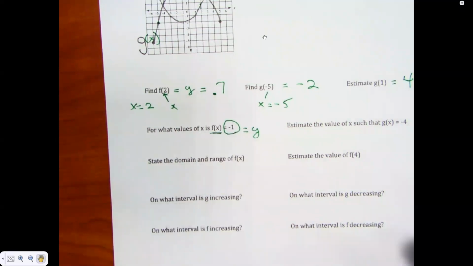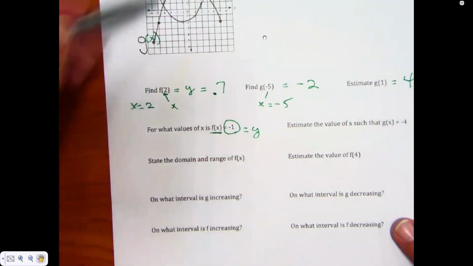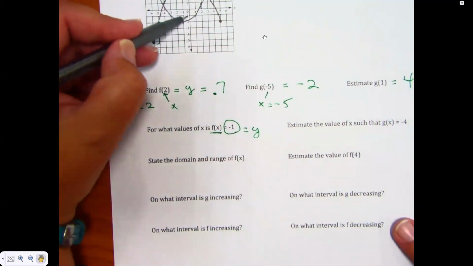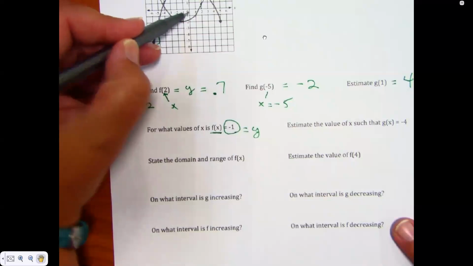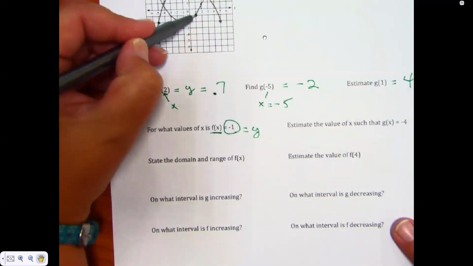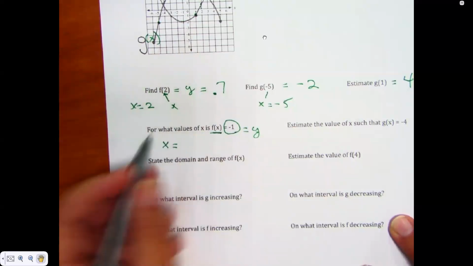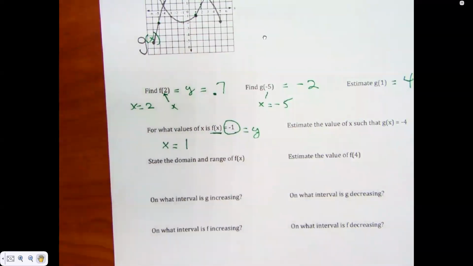And just make sure we're on the f function. So y has to be -1. Can you give me the x? So the x is 1. But is there another answer?